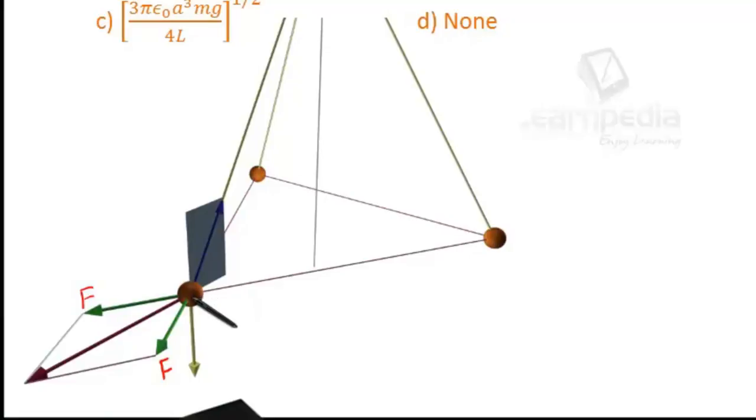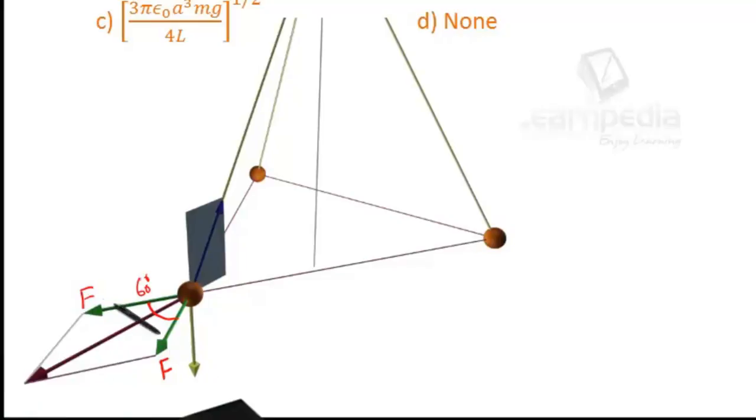So the electric force of repulsion on any of these charges will be F from both the other charges, along the sides of the triangle. So the angle between these two forces must be what? 60 degrees. And since these two forces are equal, their resultant must be along the angle bisector.